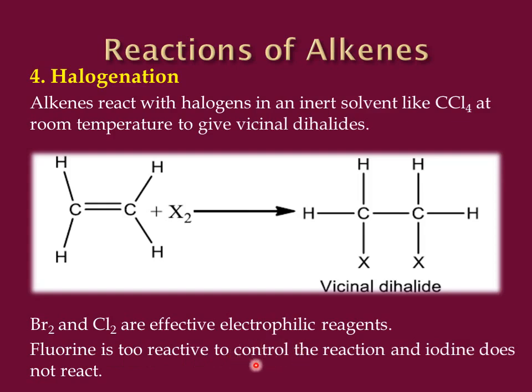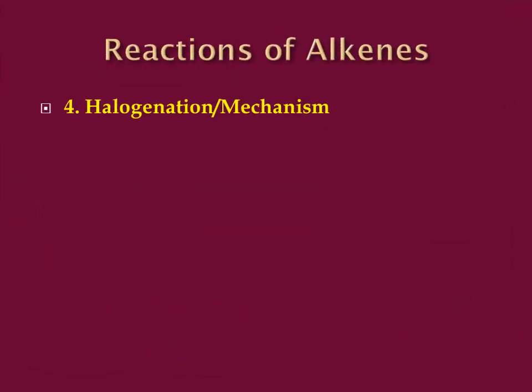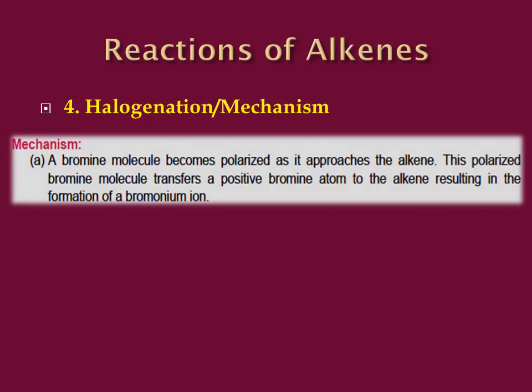Now students, let us look at the mechanism of this halogenation which leads to vicinal dihalides. In the first step, a bromine molecule becomes polarized as it approaches the alkene. This polarized bromine molecule transfers a positive bromine atom to the alkene, resulting in the formation of a bromonium ion.